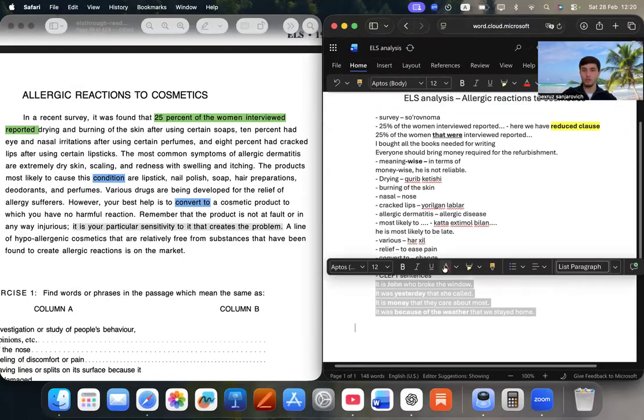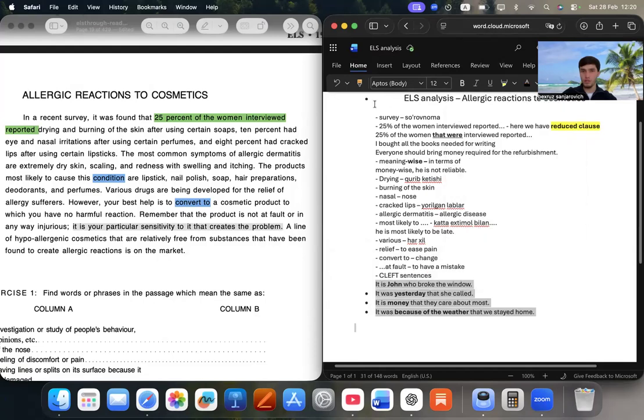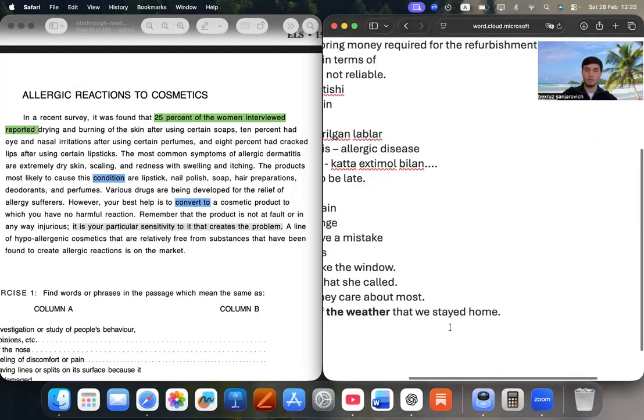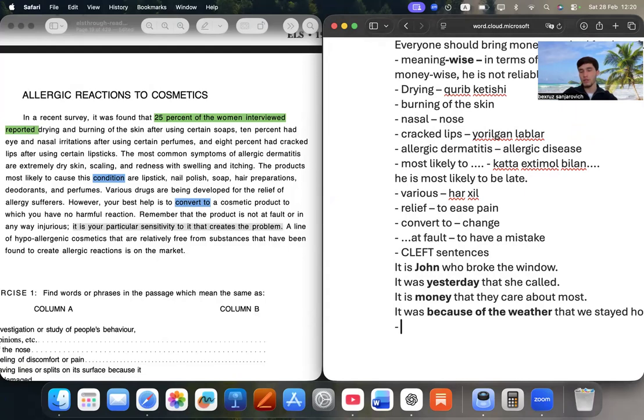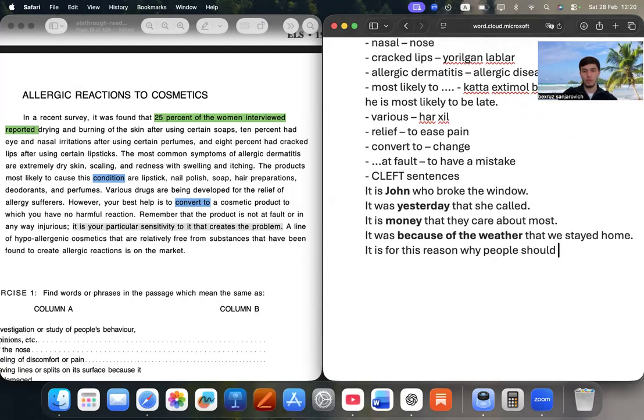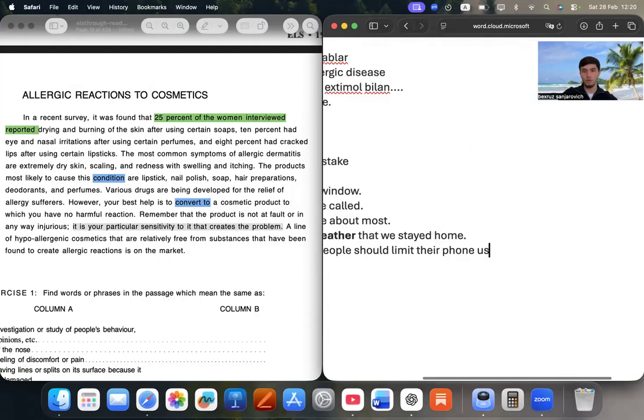And I highly encourage you to learn this grammar structure because it's really practical. It's absolutely practical. You can use it in writing, you can use it in speaking. For example, in writing, when you're concluding, you can say, it is for this reason why people should limit their phone use.